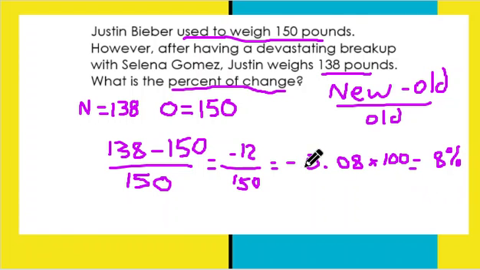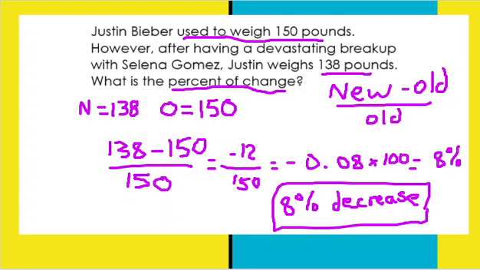So if you see here, we had a negative 0.08. Well, a negative in percent change means it's going to be going down. Or another word for going down would be decrease. So this would be an 8% decrease. That is how we find out our percent change.